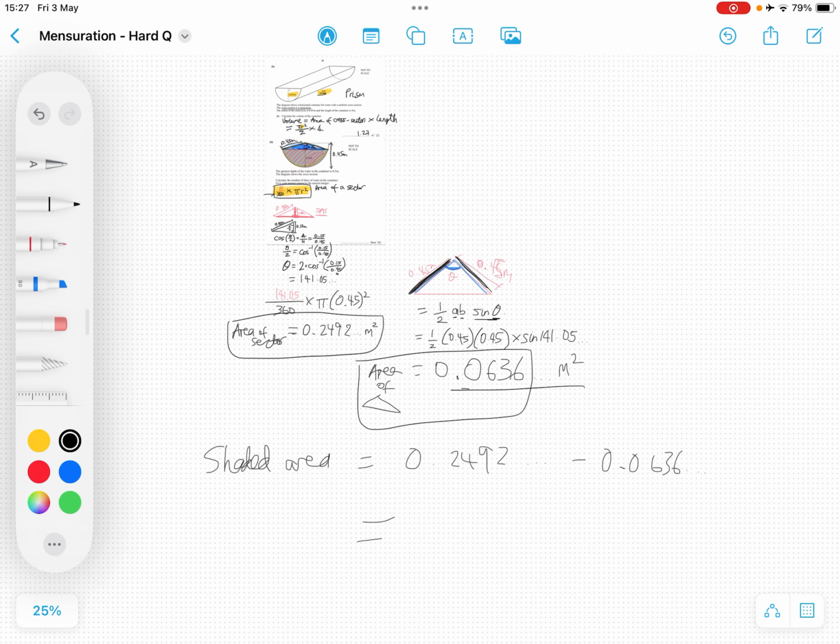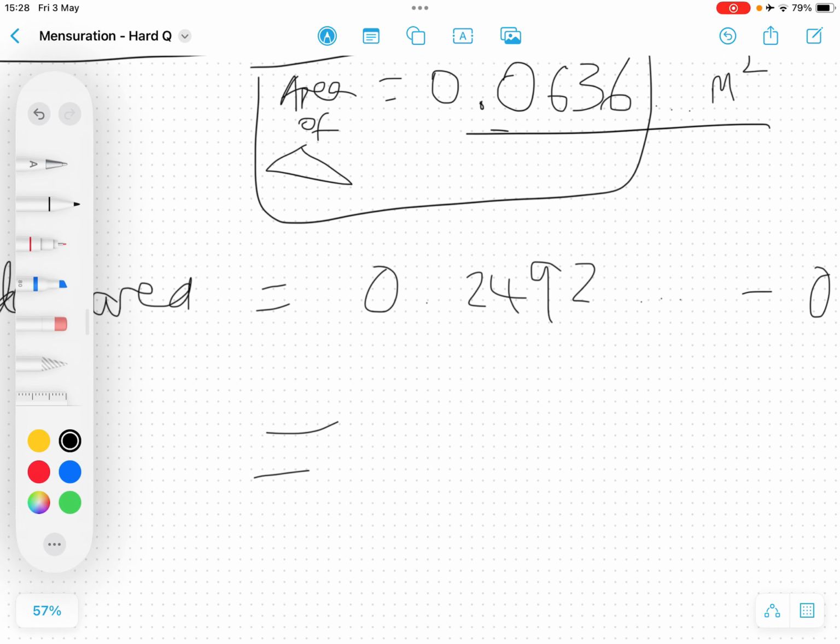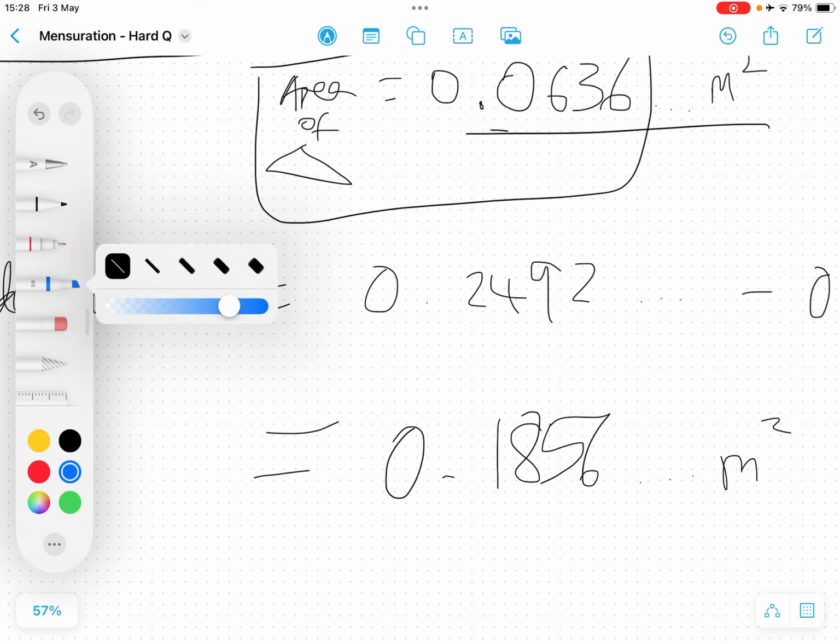And if you put this into your calculator, you'll get an answer of 0.1856 meters squared.